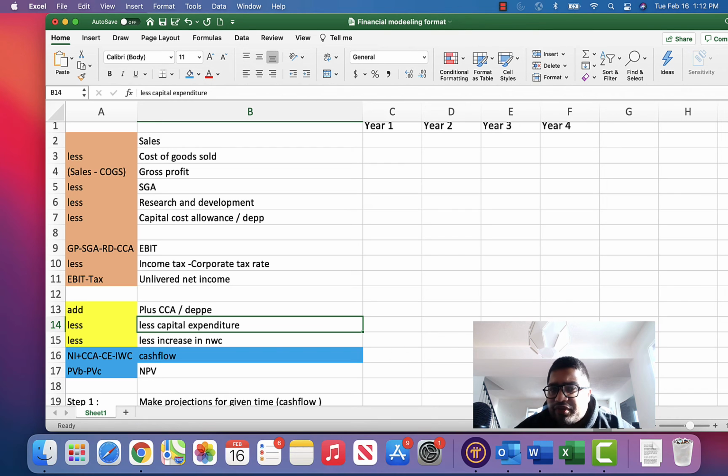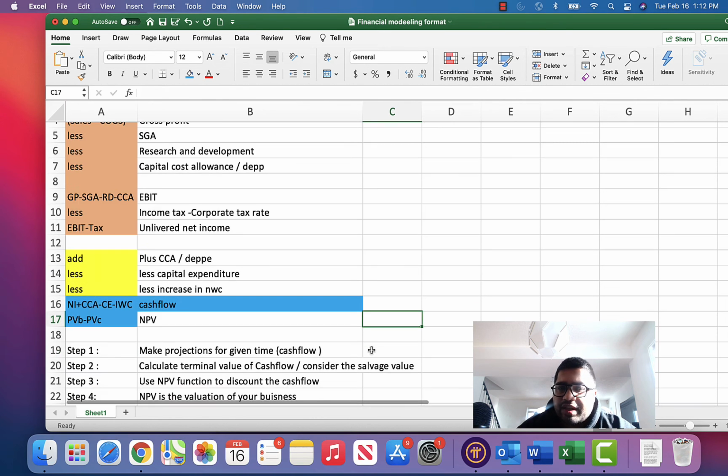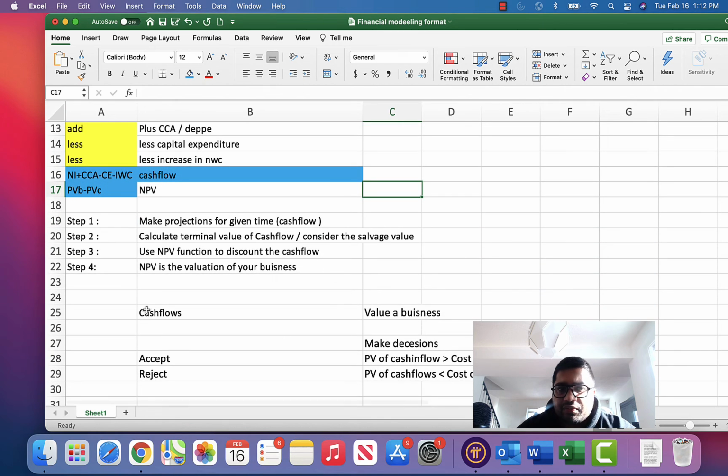So once you have cash flows, you find net present value. How do you do that? You find present value of the cost, and you calculate present value of different cash flows. So based on that, you get net present value. So once again, for valuing any business, we need to know about cash flows.